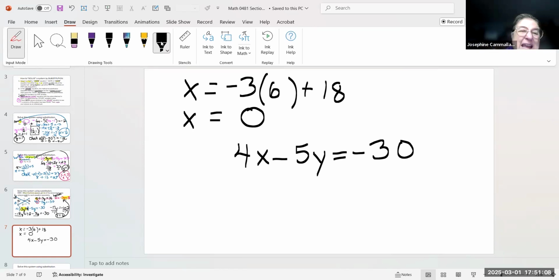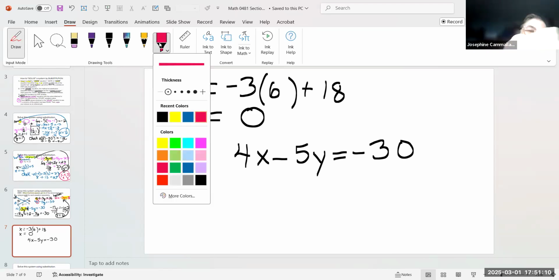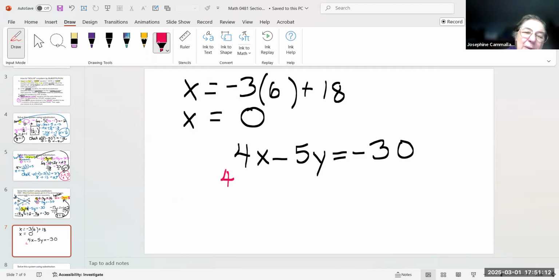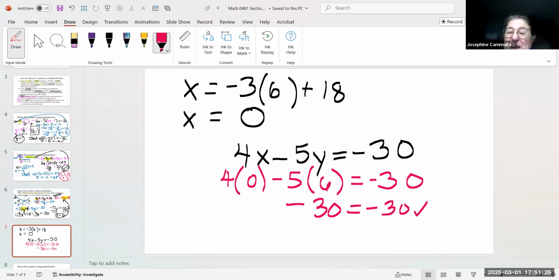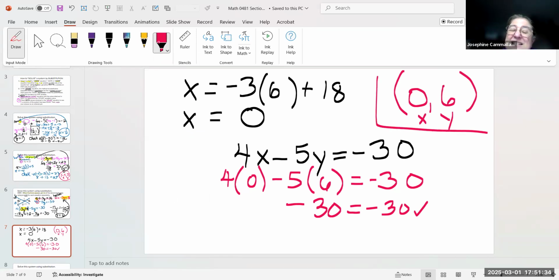Well, remember, this is 4 times 0 minus 5 times 6. Negative 30 equals negative 30. x, y. This is my answer.